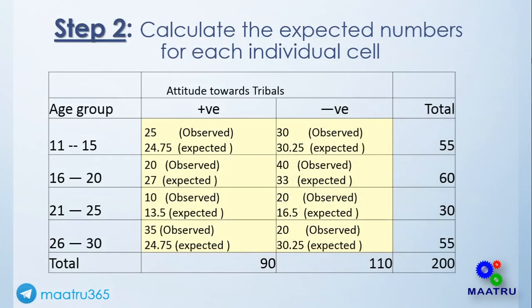The next step is an important step for chi-square, that is to find the expected value for each cell. Each cell has its own reference, like row 1 column 1, row 1 column 2, row 2 column 1, row 2 column 2, and so on.